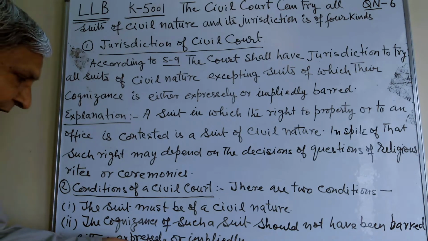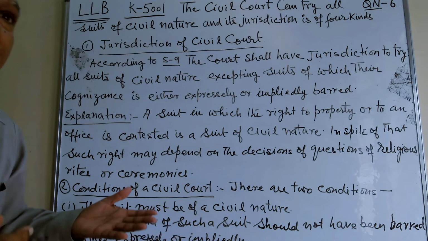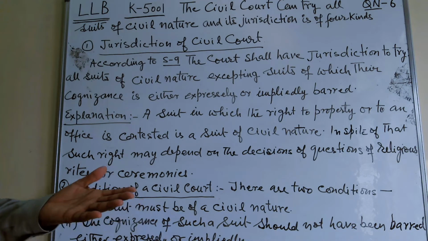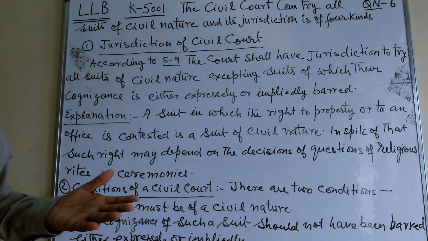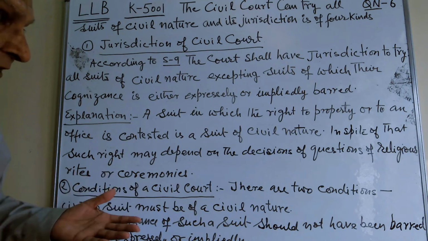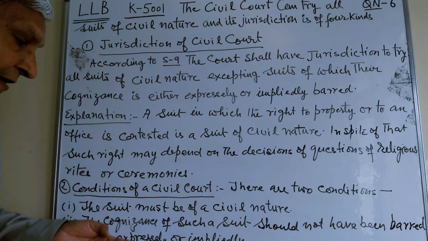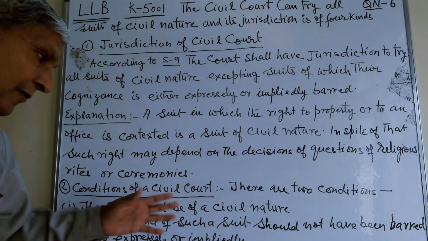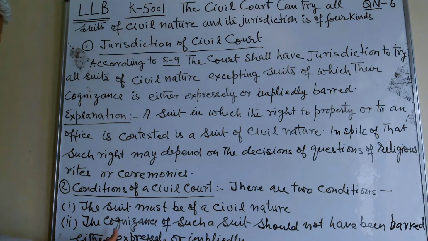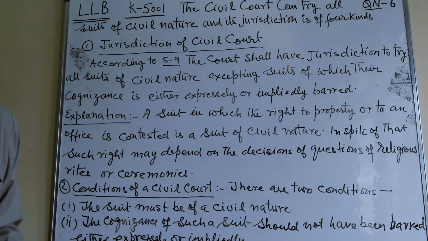What is expressly? In writing. What is impliedly? By conduct. So we can accept a thing in writing or by conduct, or we can reject anything in writing or by conduct. These two: expressly, in writing; impliedly, by conduct.